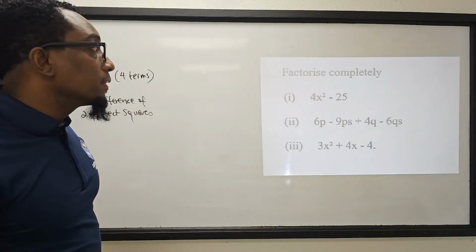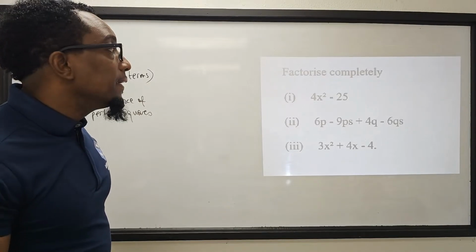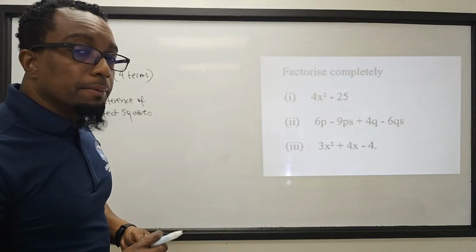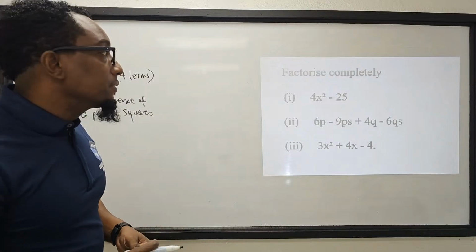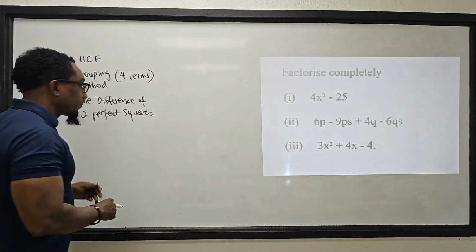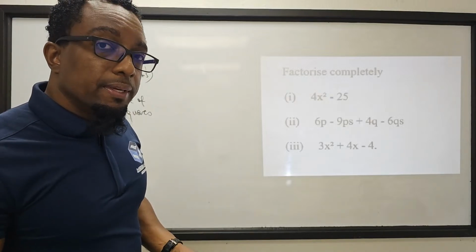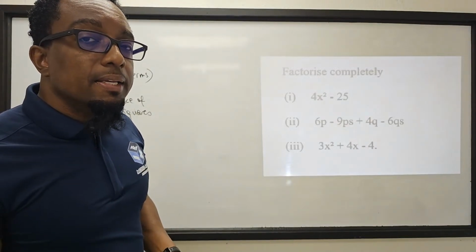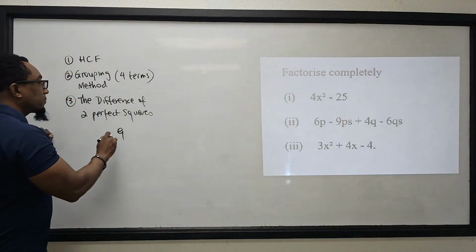So a perfect square, of course, is any number, or it can be a term or even a variable where a factor of that term or number times itself will give you the number. So for example, 9. Factor of 9 is what? 3. So 3 times itself will give you 9. Hence 9 is a perfect square.